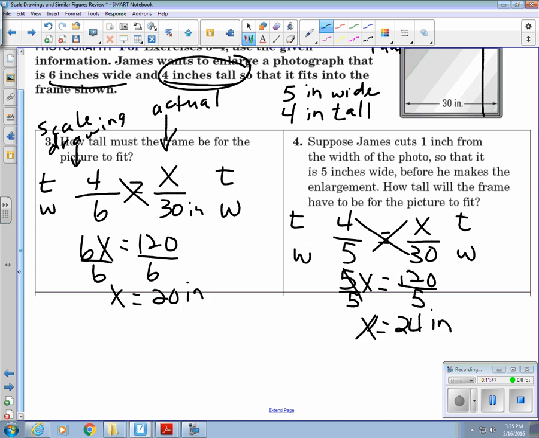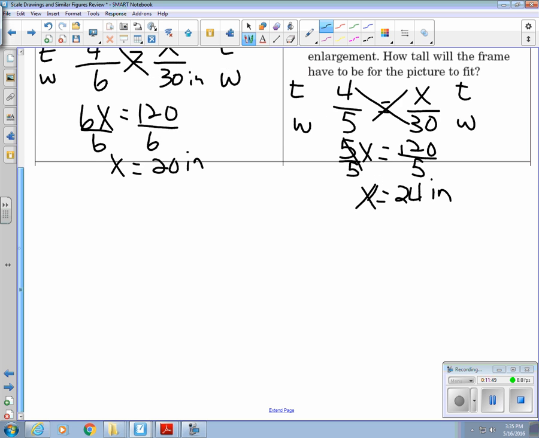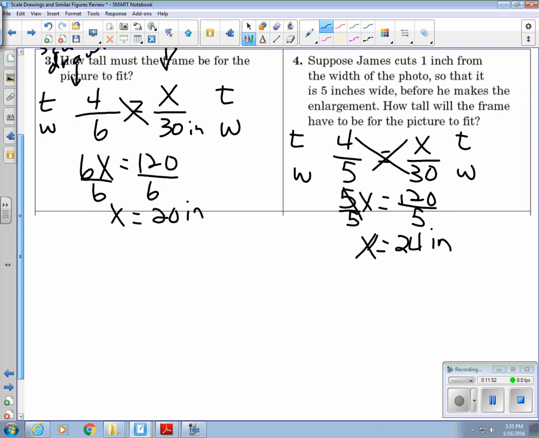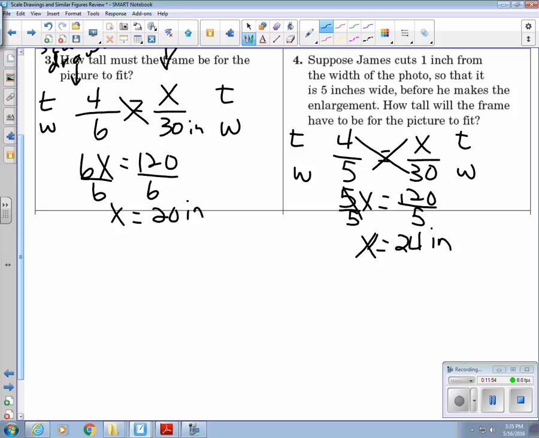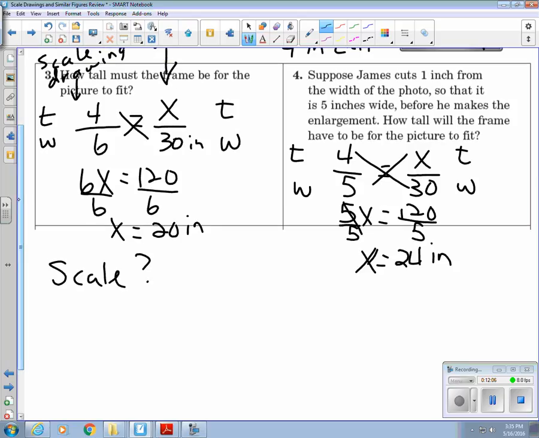Now, what's not on here is asking you about the scale or the scale factor. Well, if I was to ask you what is the scale, I would look at this and I would say, okay, well, let's compare measurements from the scale drawing to the actual, the frame, from the picture to the frame.